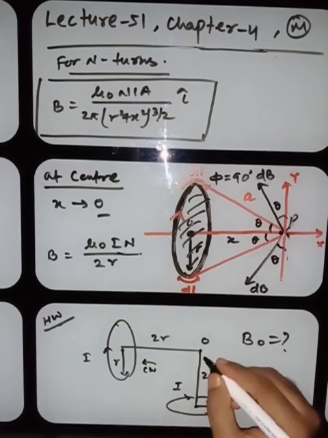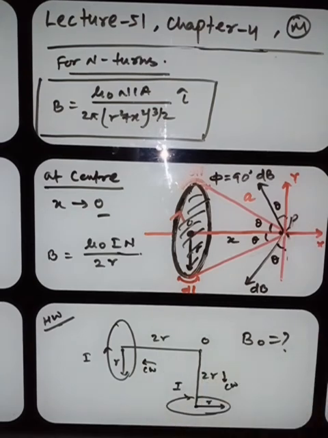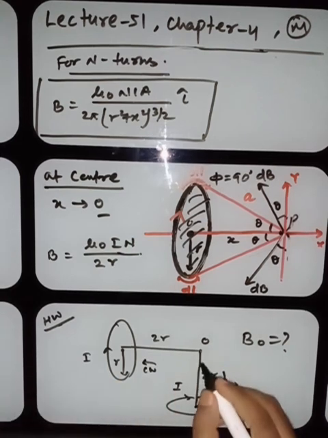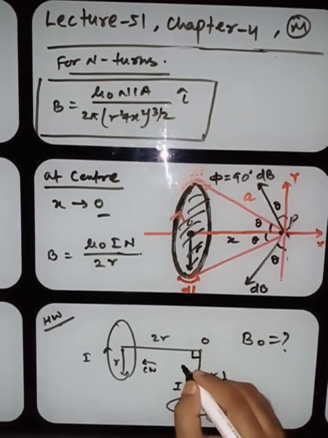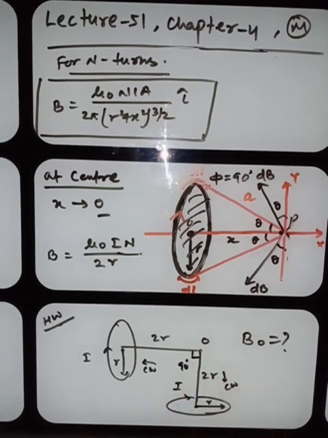Now you have to find the direction and magnitude. Actually, this question has been asked in a very famous examination. You have to find the magnitude as well as the direction of the net magnetic field at point O due to this combination, and this is 90 degrees. The angle between these two lines is 90 degrees.